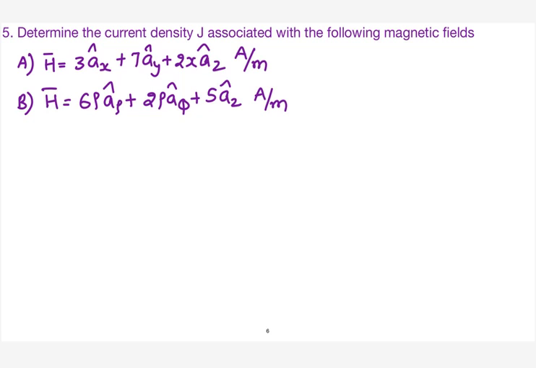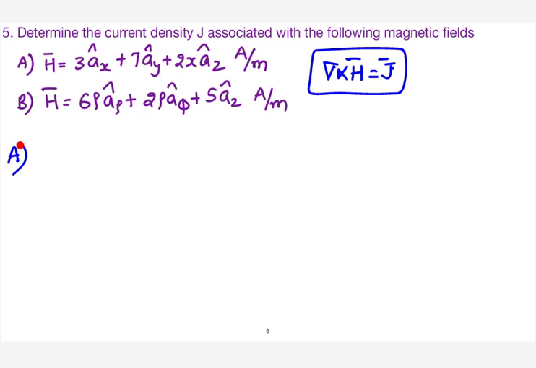We know that to find out the current density, it is straight away the curl of the magnetic field intensity. So find the curl of that vector and tell me the answers. Do it, and you can share the answer in the group. Here also simultaneously I will be writing, and you can go through that.